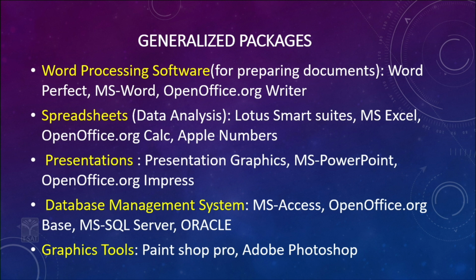So, these are word processing software. Clear? This means if you want to type a particular document, if you want to prepare a file of a set of documents, this word file or word processing software is used.